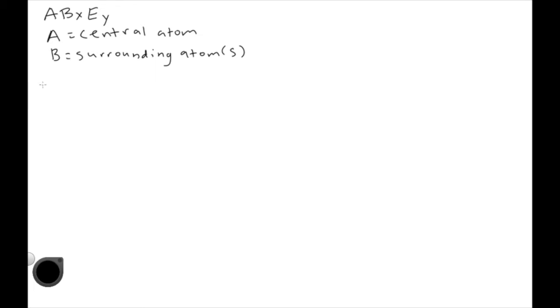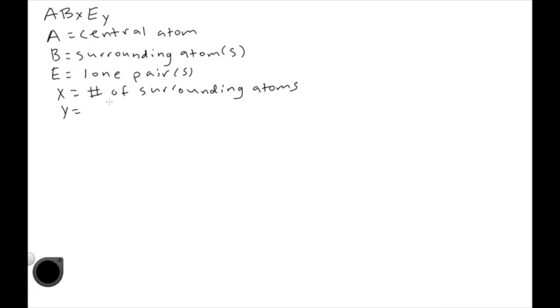And then E is going to be the lone pair. And then x is going to be the number of the surrounding atoms, right? 1, 2, 3, or 4, etc. And then y is going to be the number of lone pairs.